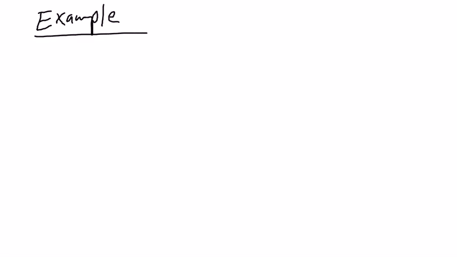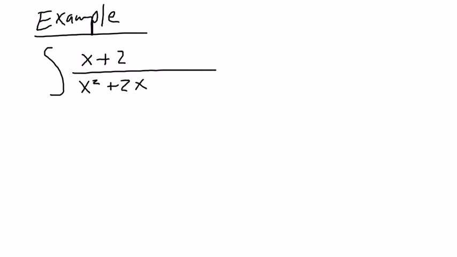Let's say that you want to evaluate, so this is after a long process of partial fractions, let's say you wanted to find, no, this should be probably a 2. Okay, let's say that you wanted to find this integral here.